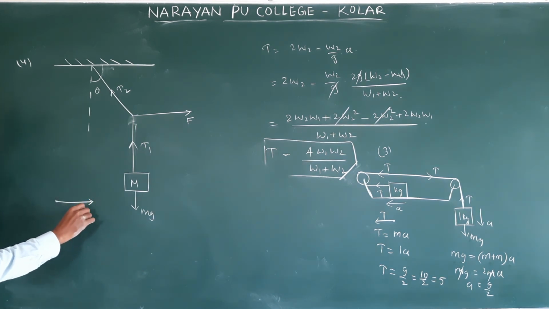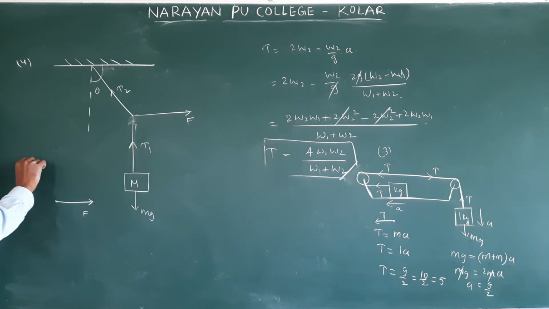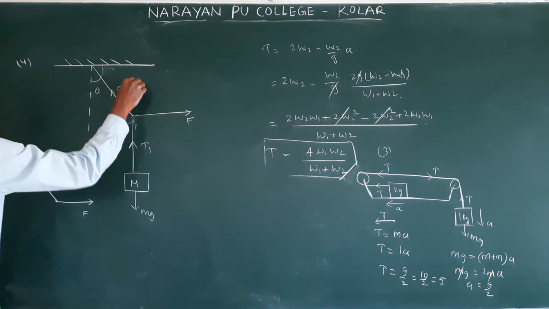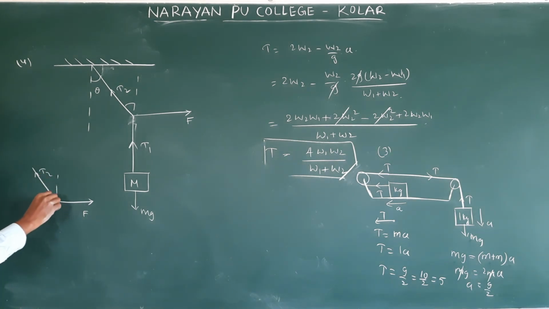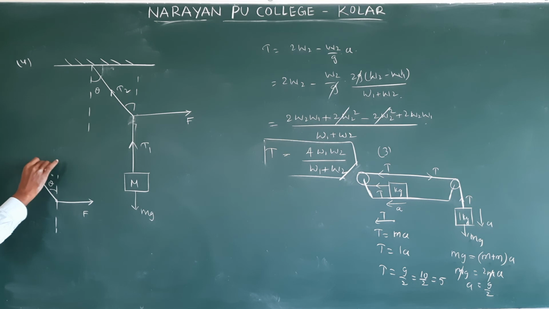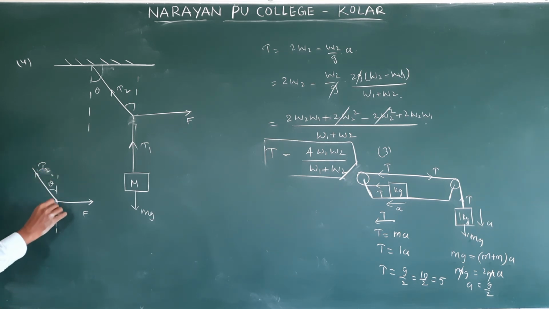This is F and this is T2. See, if you draw a line straight like this, the angle will be the same. So this is theta, this is T2.